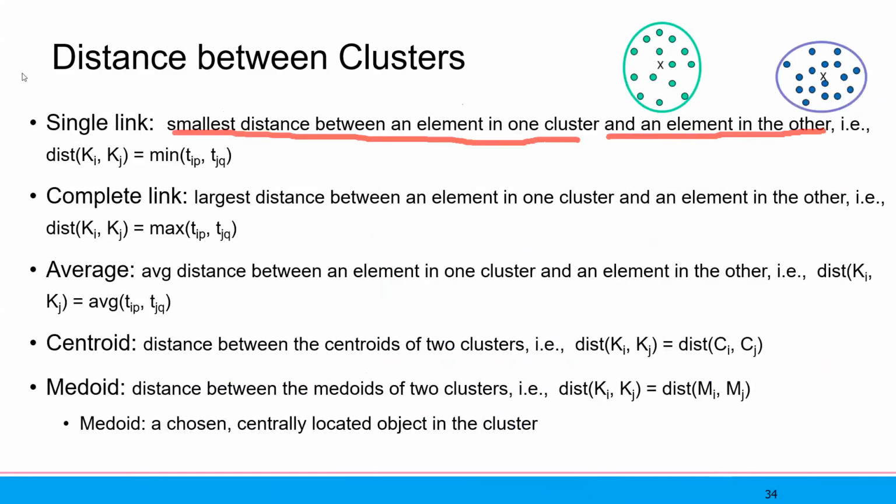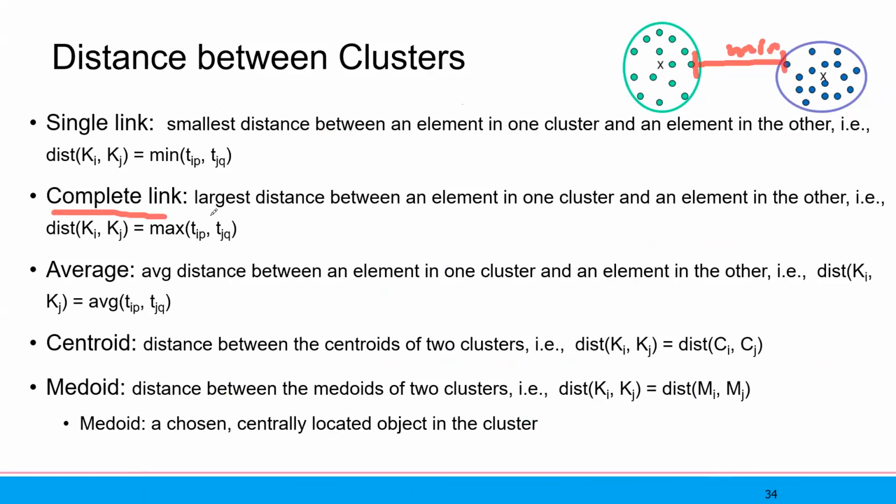So if you want to make good clusters, we can select the minimum: we find an element in one cluster and another element in the other cluster, and if it is the minimum, we will select it.